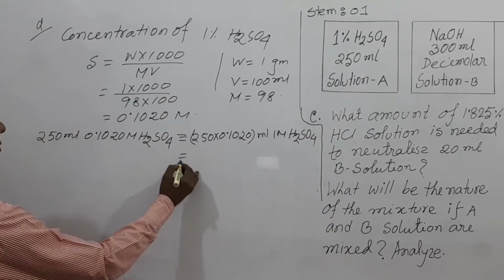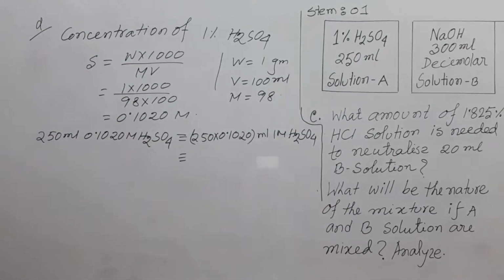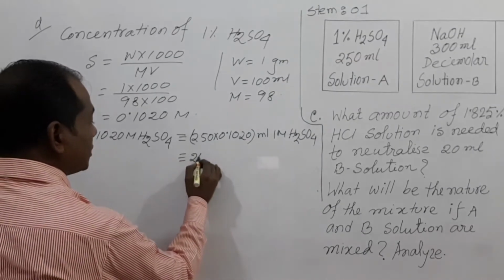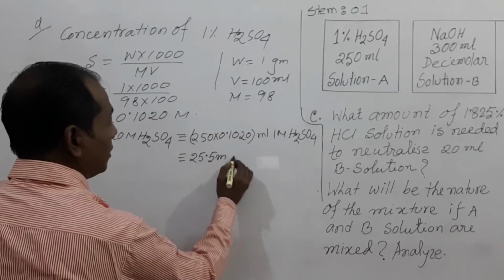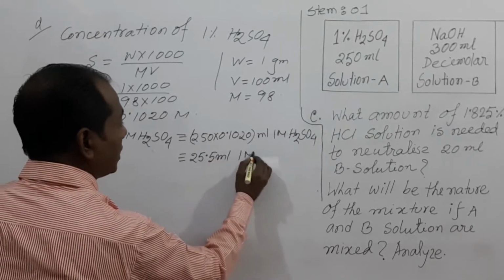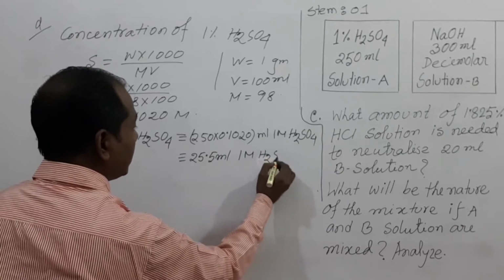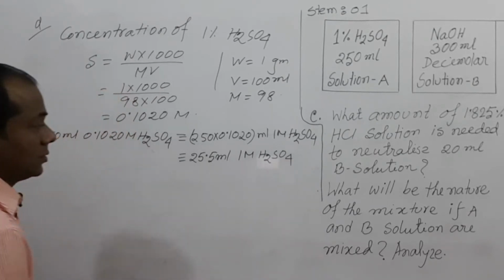That is, we get 25.5 ml 1 molar sulfuric acid H2SO4 solution.